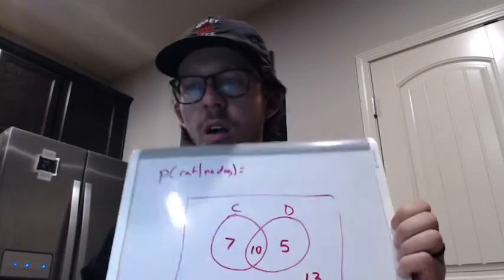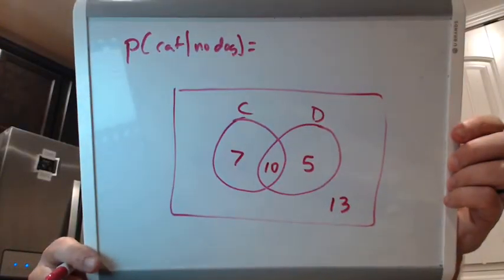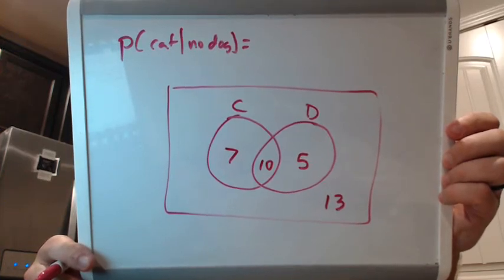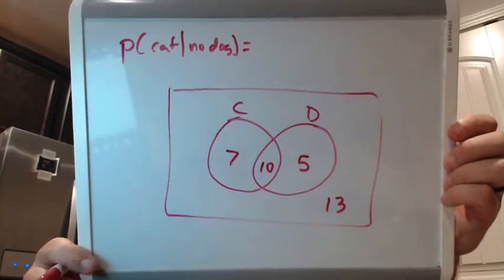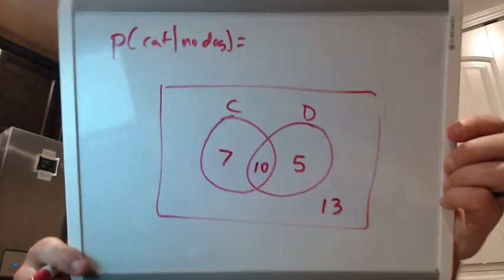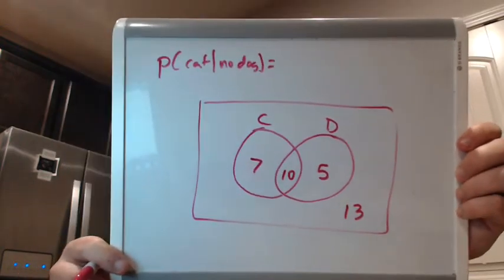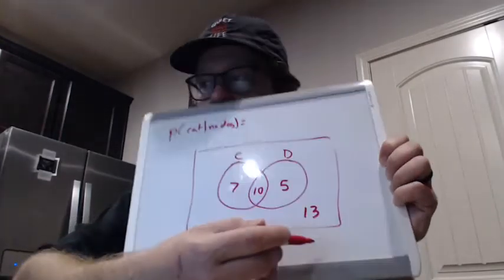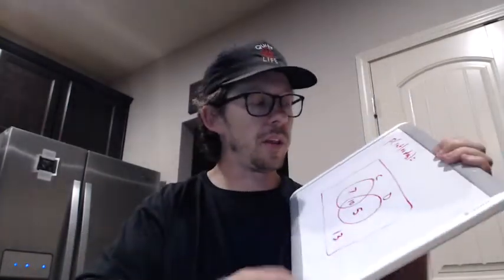I just want the lost souls that don't own a dog. So look at this. How many people on this Venn diagram do not own a dog? Anybody outside of that dog circle, right? So I counted 20, these 7 and these 13. Those are the people that don't own a dog, so we're talking about 20 people here.